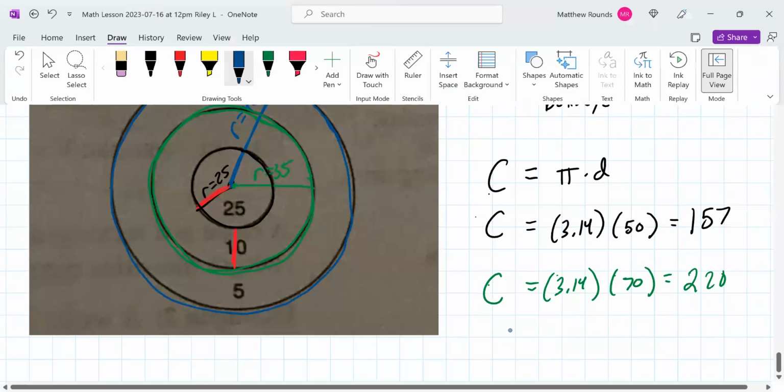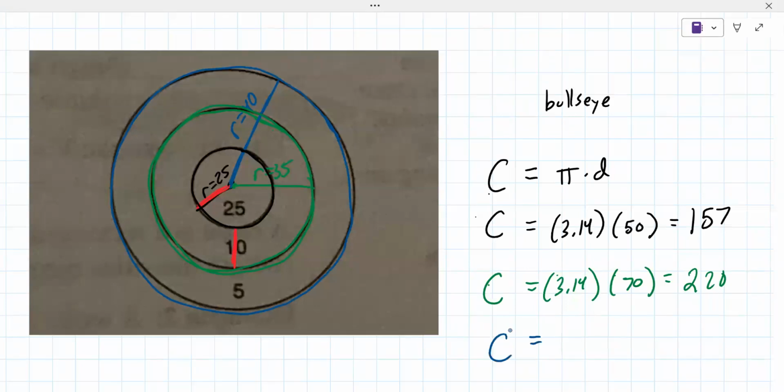Now let's do it for the last one for the blue. 251.2.